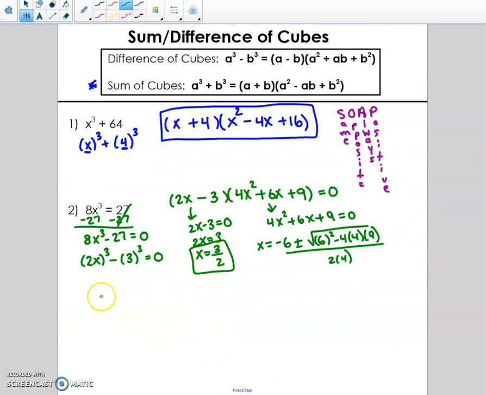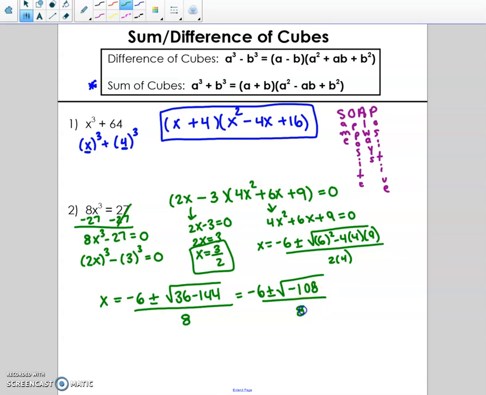So we get x equals negative 6 plus or minus the square root of 36 minus 144 over 8, which gives us negative 6 plus or minus the square root of negative 108 over 8.